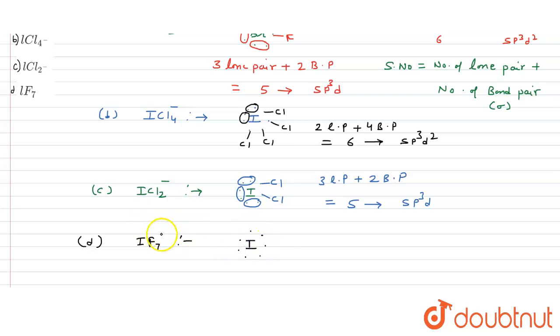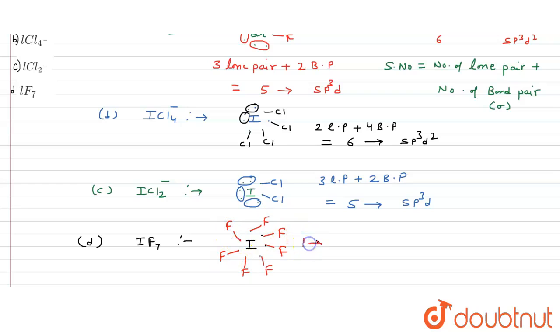Because there is no charge, this is a neutral compound, so 7 valence electrons are there. You just have to add 7 fluorine: 1 fluorine here, 1 fluorine here, and so on, 1, 2, 3, 4, 5, 6, and this becomes the 7th fluorine.